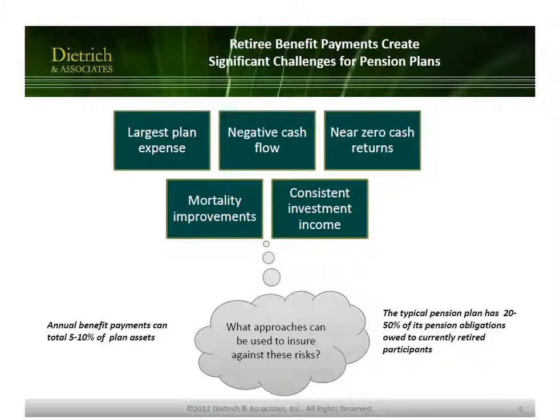The first is retirees, which we're focused on in this slide, where investment income is needed to pay current benefits. But the second group is the non-retired group, where there are no liabilities due immediately, and the investment portfolio can focus on growth to minimize the expected cost of funding the plan.